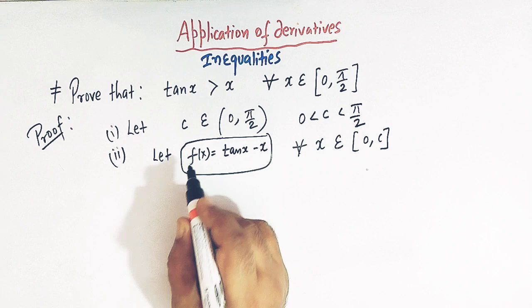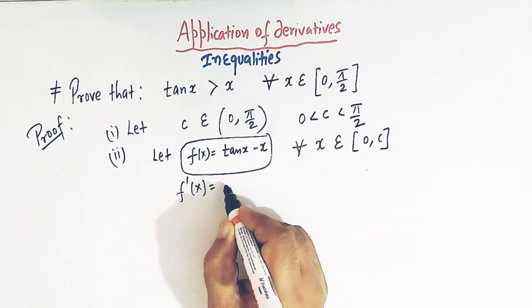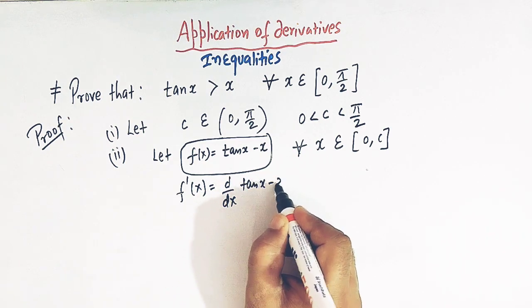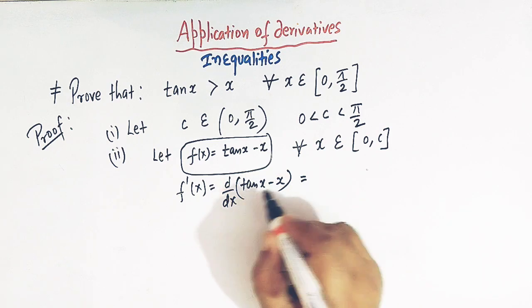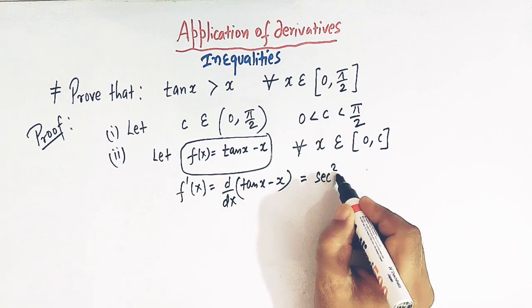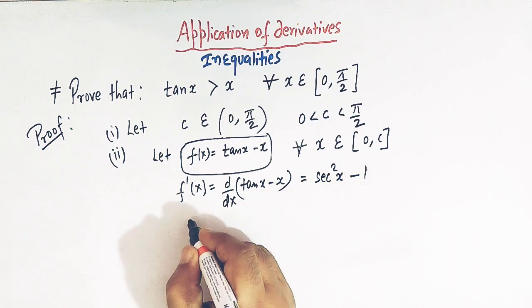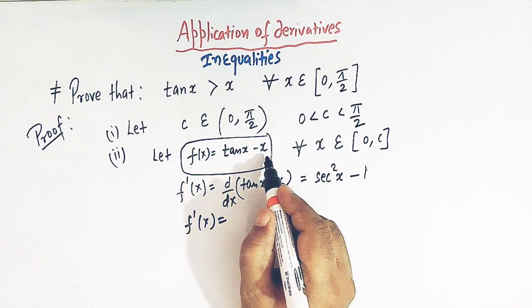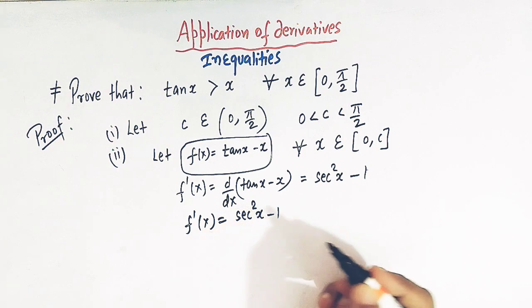So let us find the derivative of f of x. f prime of x is equal to d by dx of tan x minus x. We know that the derivative of tan x is secant square x and the derivative of x is 1. So the derivative of tan x minus x is secant square x minus 1.